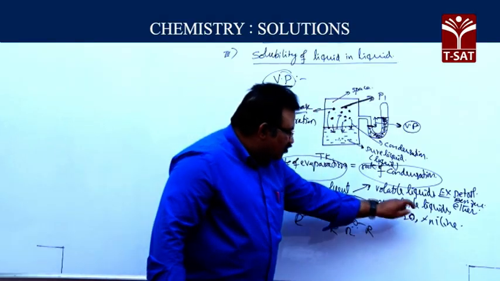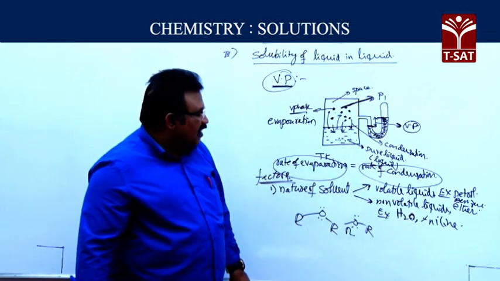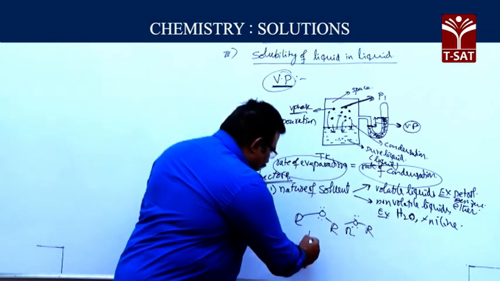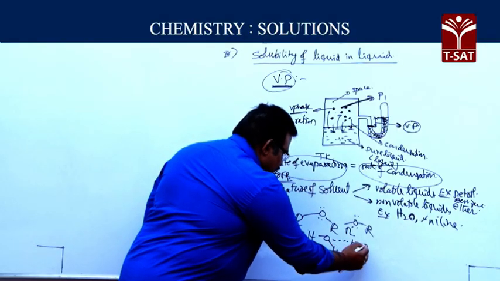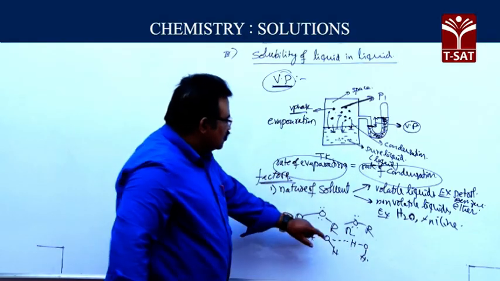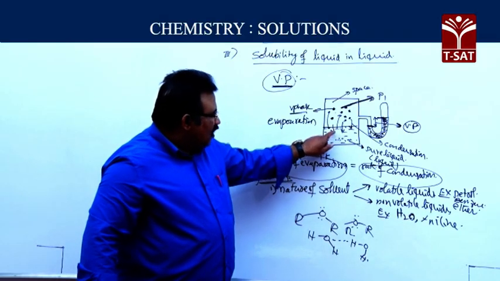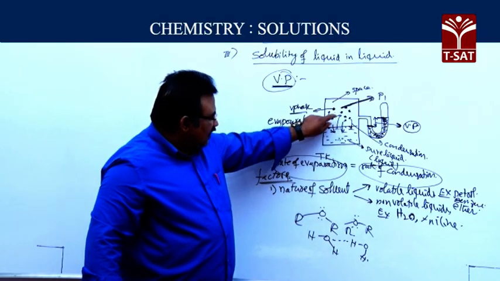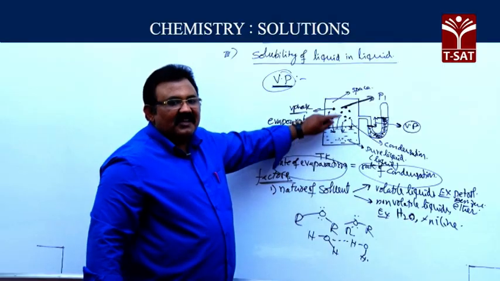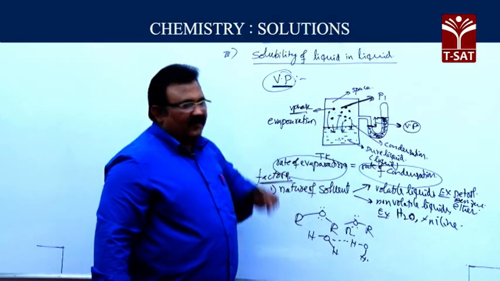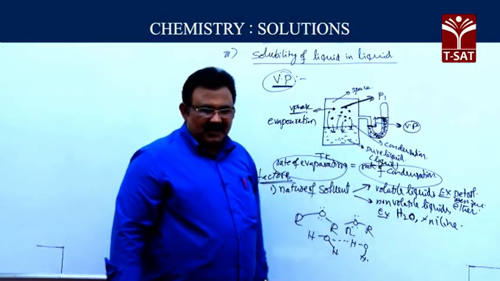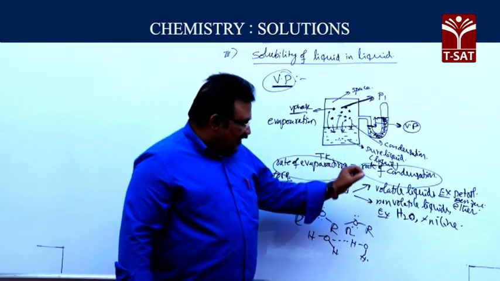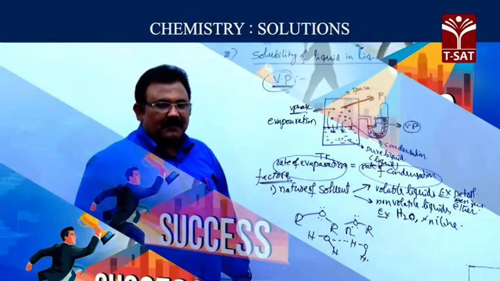Whereas water is a non-volatile liquid because between water molecules hydrogen bonding takes place, so the molecules will not escape from the liquid phase into vapor phase. So, volatile liquids have more vapor pressure, non-volatile liquids give less vapor pressure.